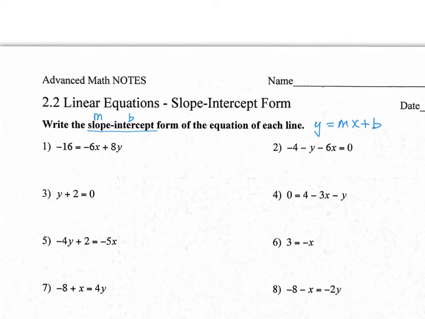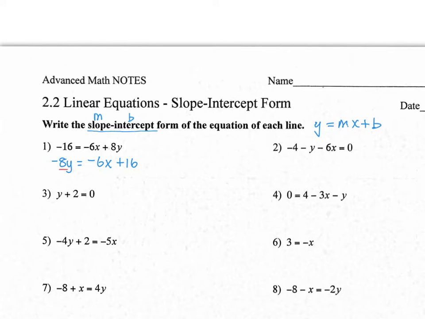So we want y by itself. So when you're solving these equations, you're going to rearrange them to get y by itself. Notice what I'm going to do is subtract this 8y to put on this side. So minus my 8y, because I want y to be first. And then I'm going to add the 16 to put it to the other side. And at this point, I need to divide everything by -8.